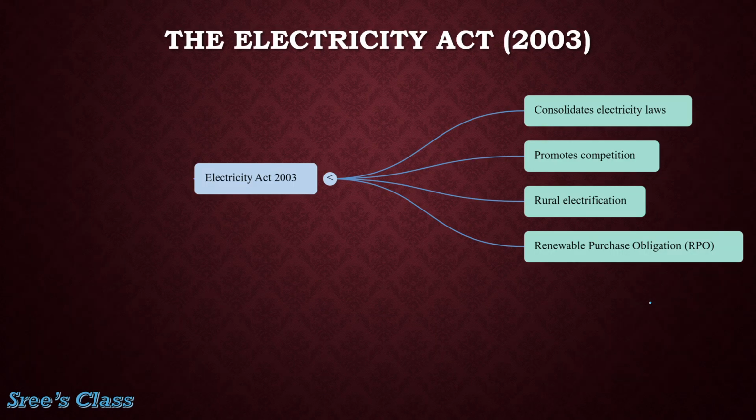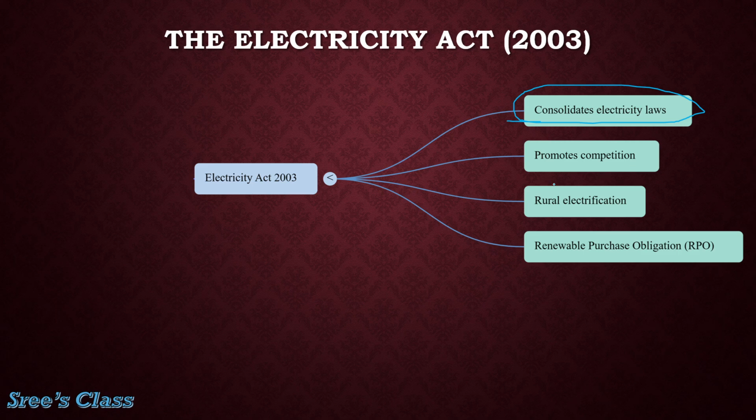Okay. Now, we will come to the Electricity Act. The Electricity Act consolidates the electricity laws. There are a number of laws related to electricity production, distribution, and all those things.